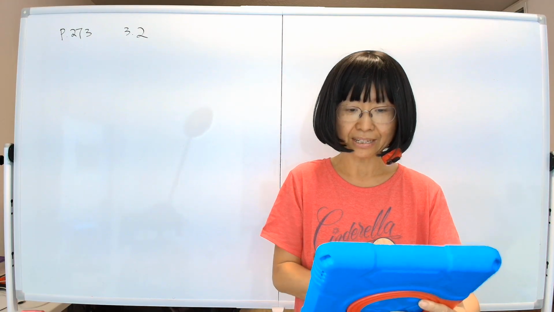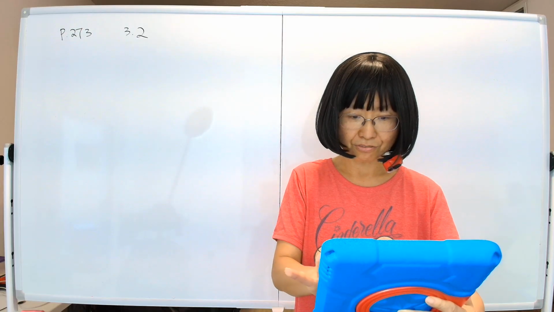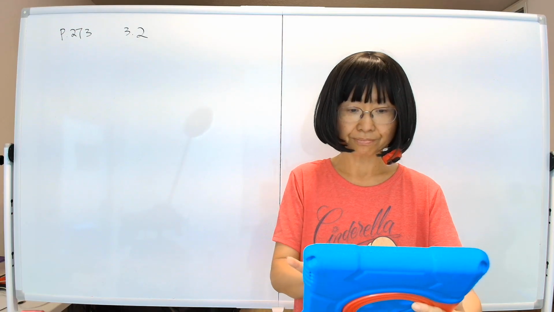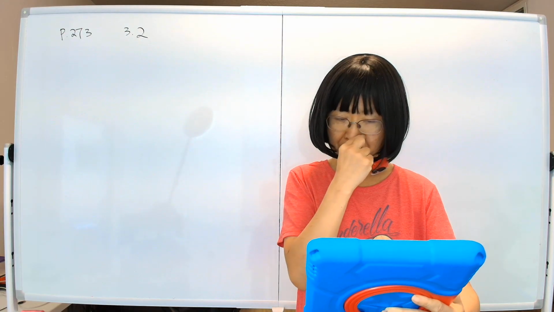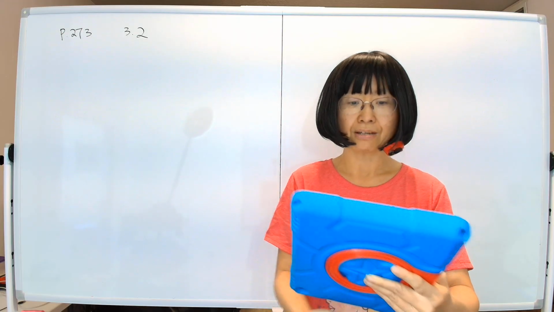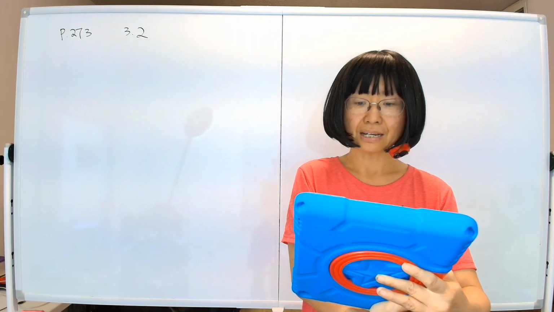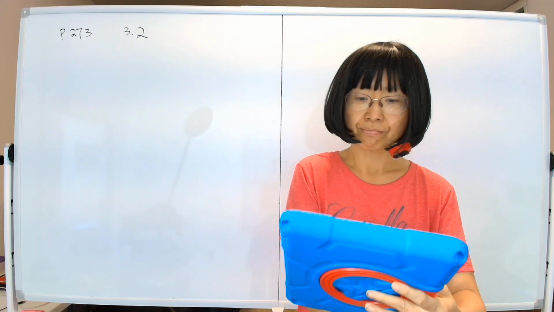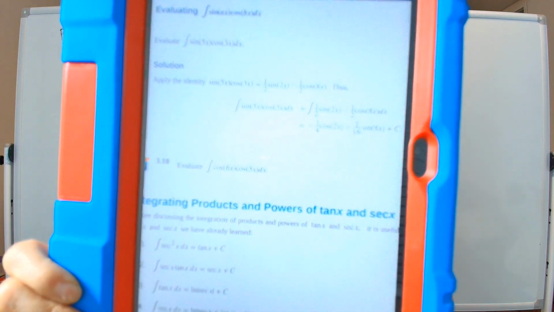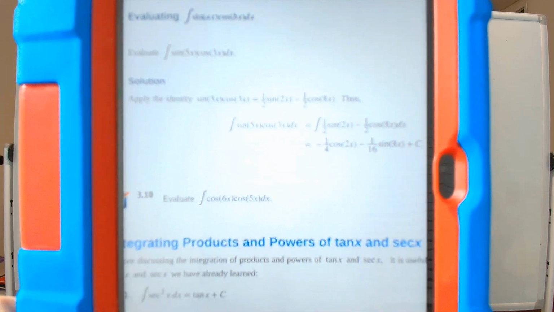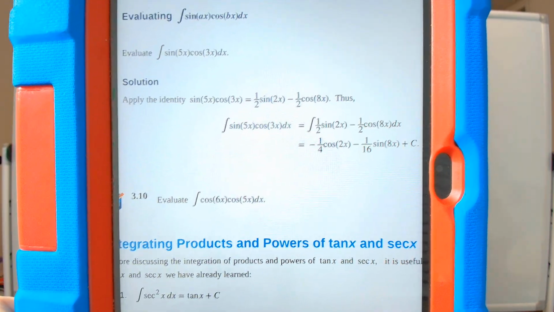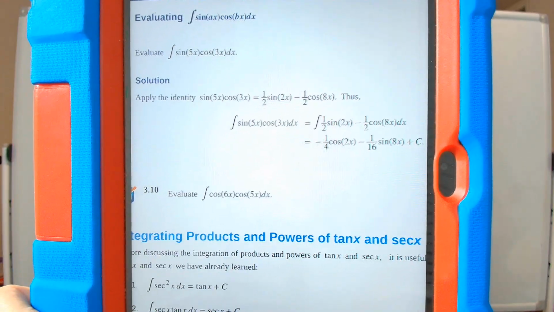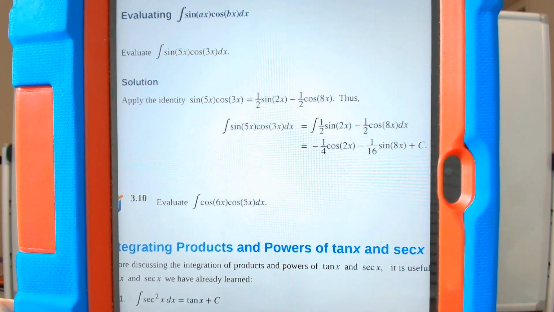So let's look at an example of that, example 3.13, where you're supposed to integrate sine of 5x and cosine of 3x. So you stick that formula that I just showed you in there directly. Sine 5x, cosine 3x, you apply the formula with a plus b, a minus b.